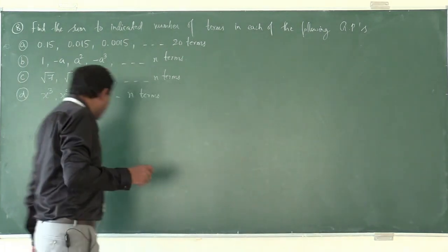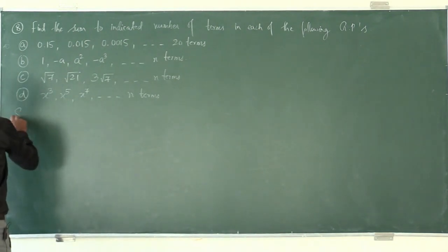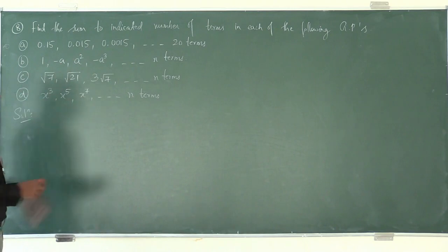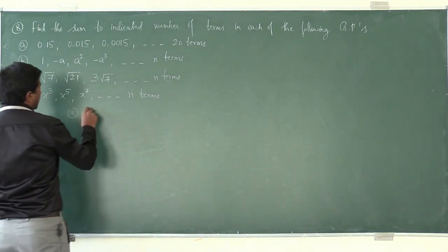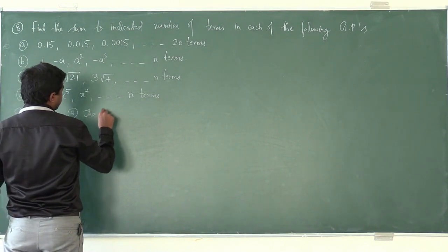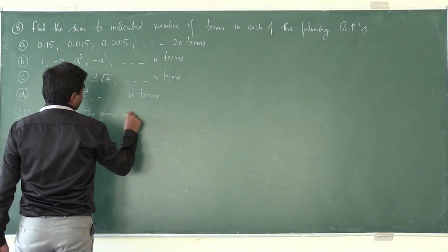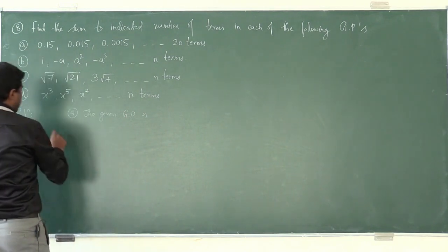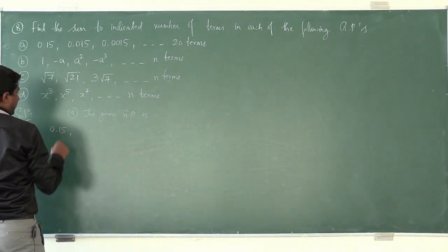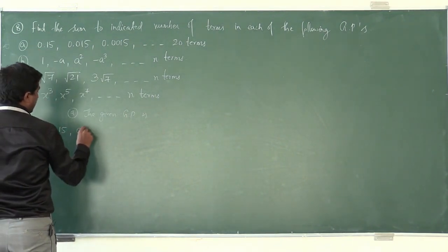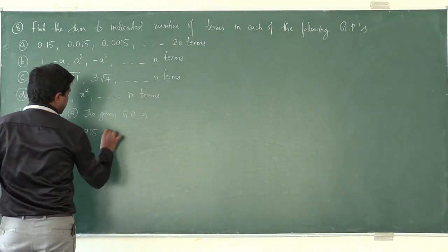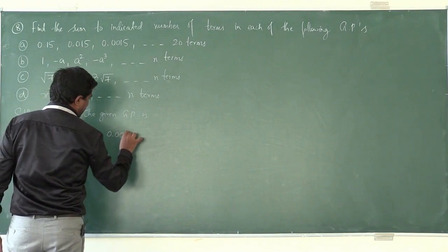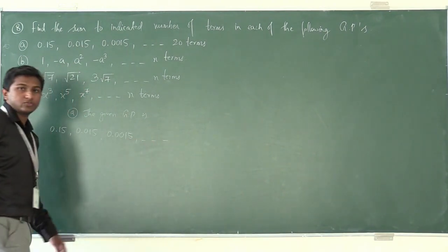So we will start the solution like this. Solution. First we will write the given GP. This is sub question A. The given GP is 0.15, 0.015, 0.0015, and so on.